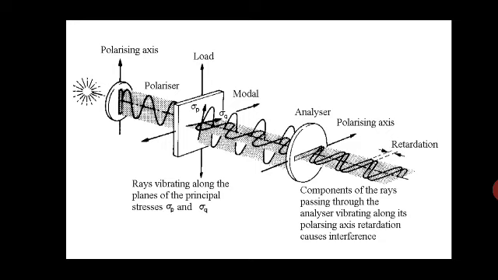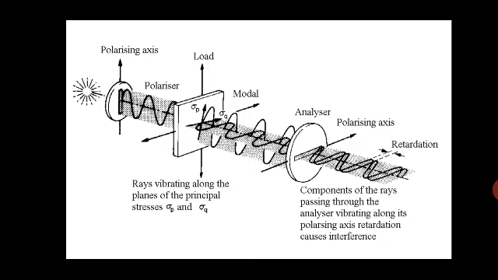See here, the polarizing axis is vertical, whereas the analyzer axis is horizontal. The wave moving vertically from the polarizer will be transmitted after the model in the horizontal axis.